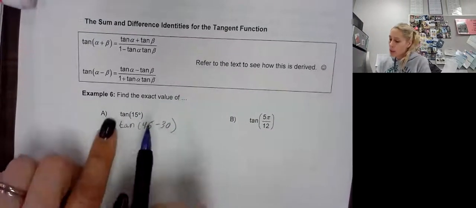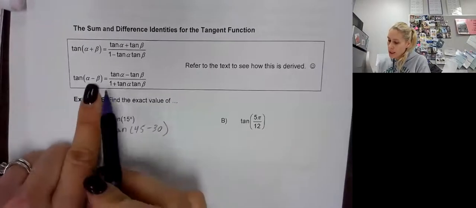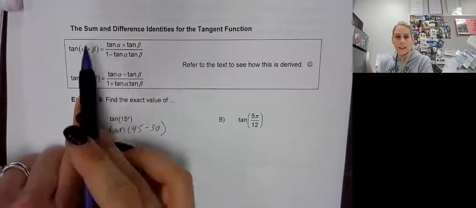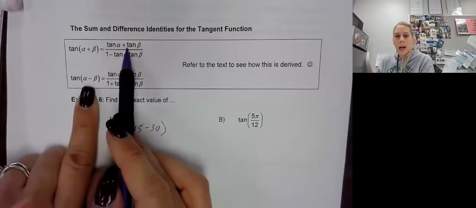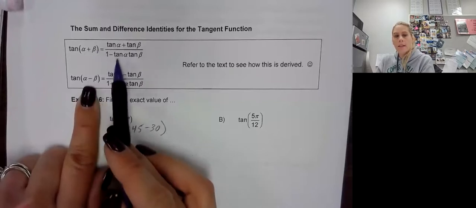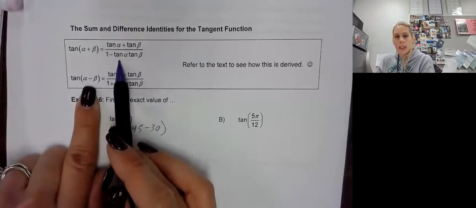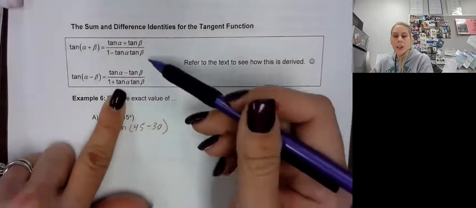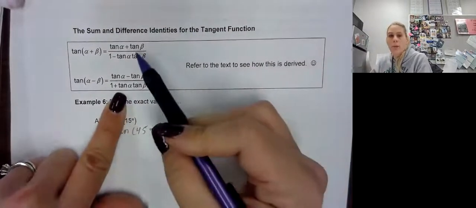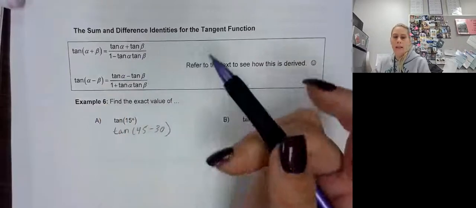All right, so with our subtraction here, what I want you guys to see is the difference in these identities. It's the same sign on top, different sign on the bottom. So the tangent is actually the same, except you have to look at those signs.